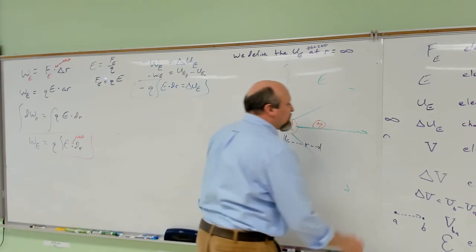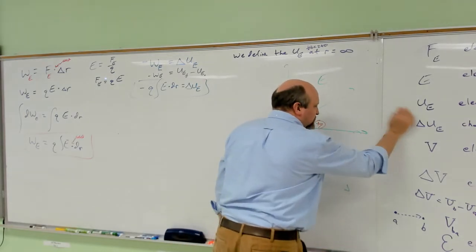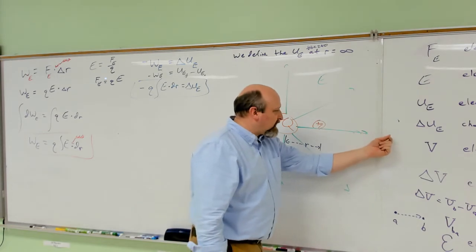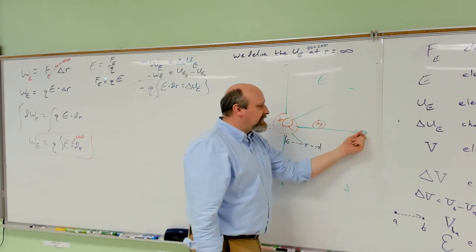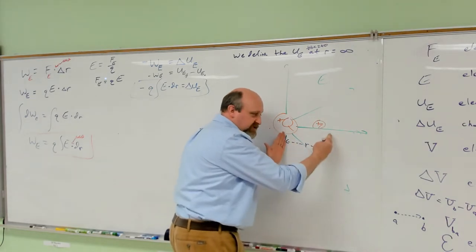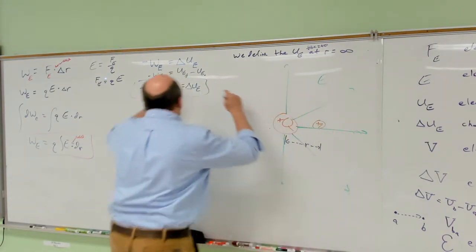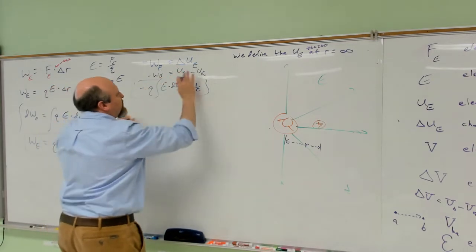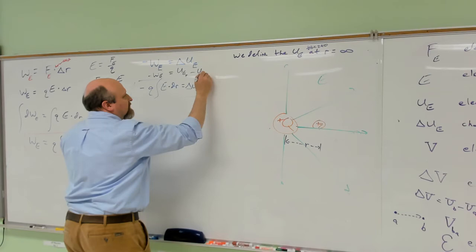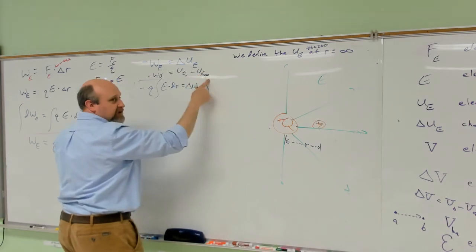I'll go from infinity, where the potential energy is 0, and I'll move it not to a particular location, but to some generic variable distance r. So I'll get an equation for the potential energy when I'm at r minus my potential energy when I'm at infinity. Do you see that?